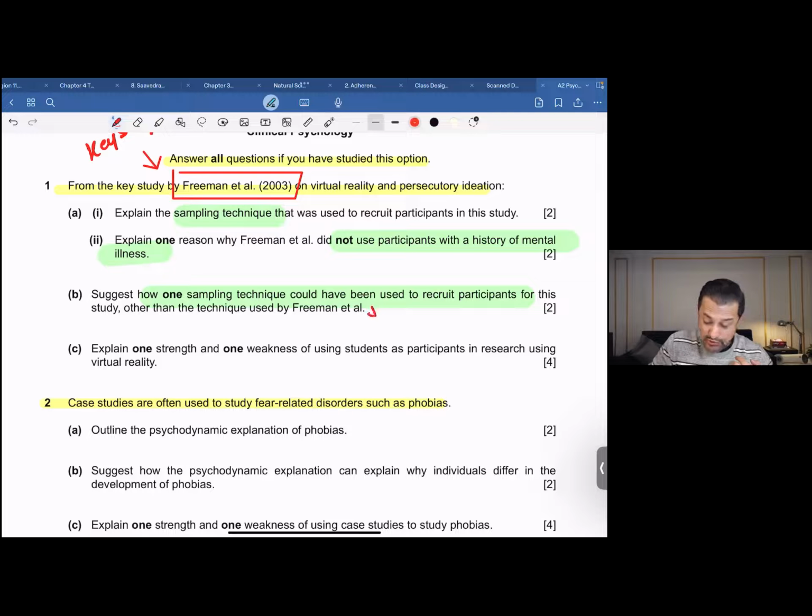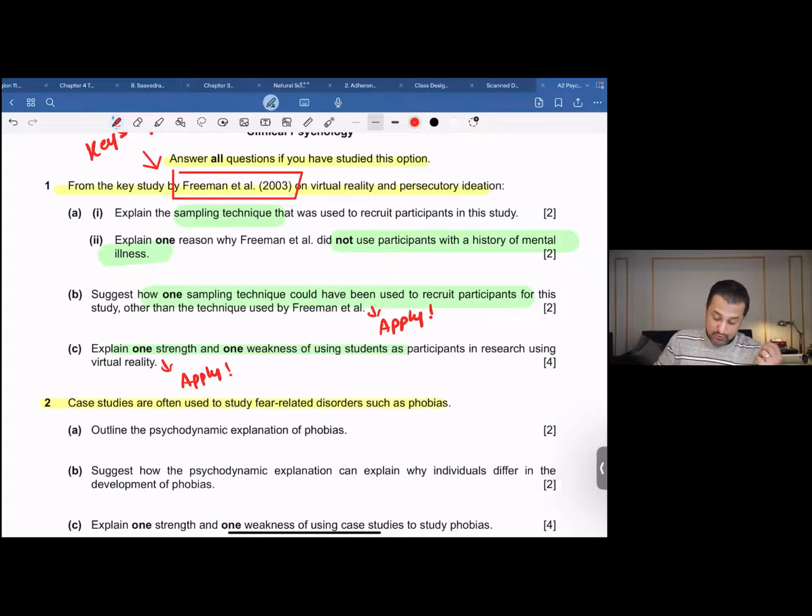So again, they're trying to see how well you can apply your knowledge of research methodology. The C part reads, explain one strength and one weakness of using students as participants in research using virtual reality. So again, a demonstration of how well you can apply your knowledge of research methods.